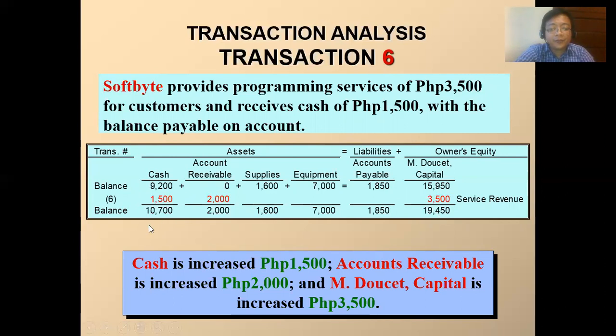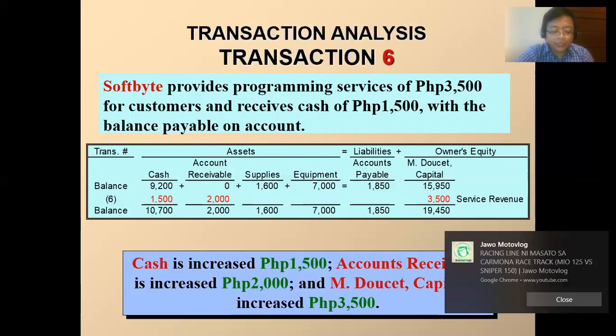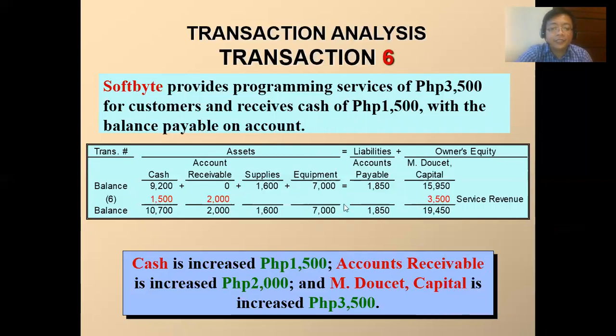Equal ba? So, ilan ba lahat ito? 10,700 plus 2,000, so you have 12,700. So, I will add ha. So, 10,700 plus 2,000 plus 1,600 plus 7,000. So how much are the assets now? The assets now are 21,300.